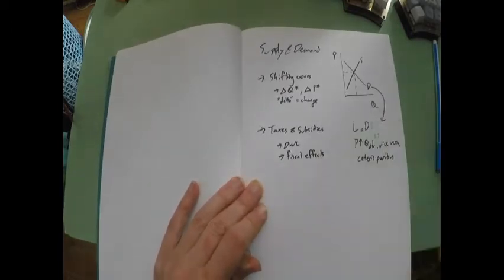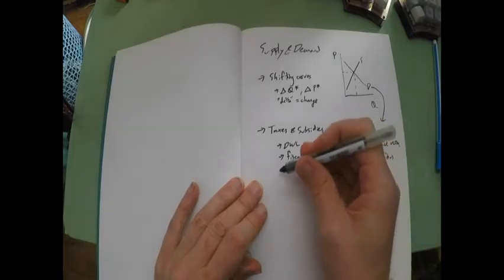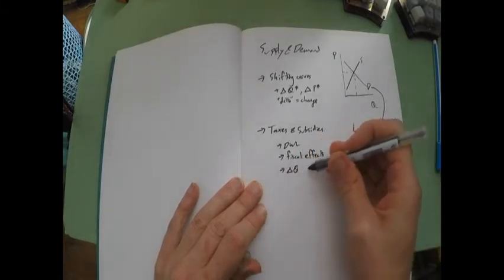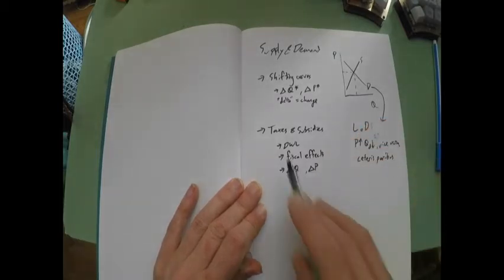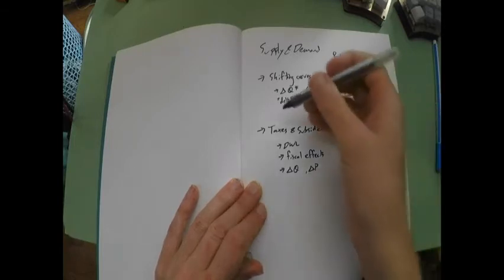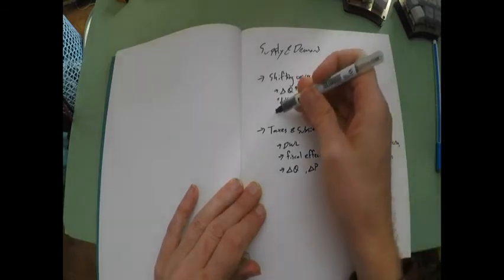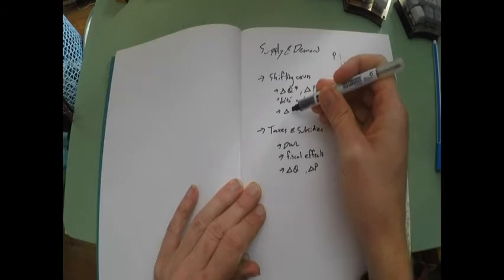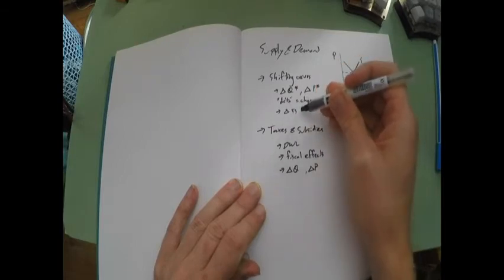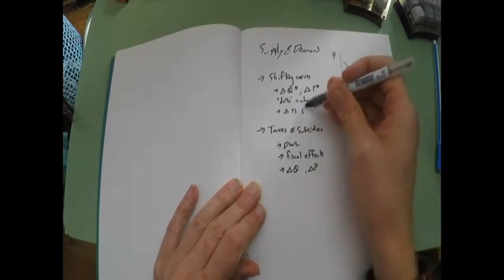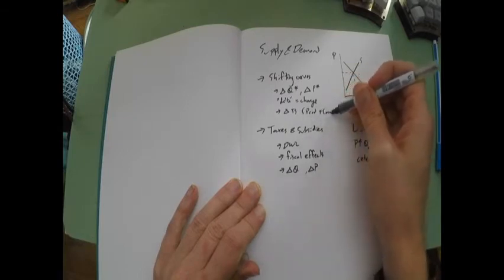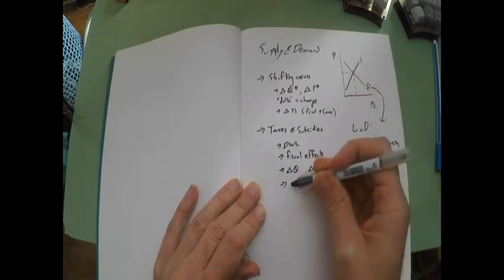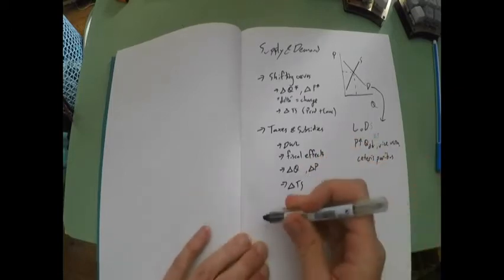Let's see, change in quantity and price. Let's go ahead and get that down. And dead weight loss is going to cover, well, I guess we could also think in, let's go ahead and make that explicit also. Change in total surplus, which is going to involve producer and consumer surplus. So we can say here also change in total surplus.